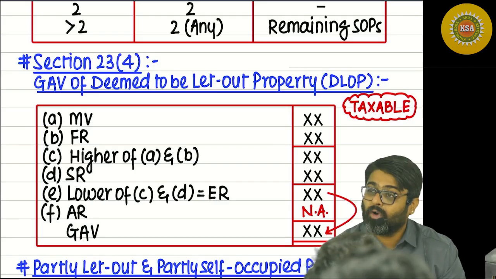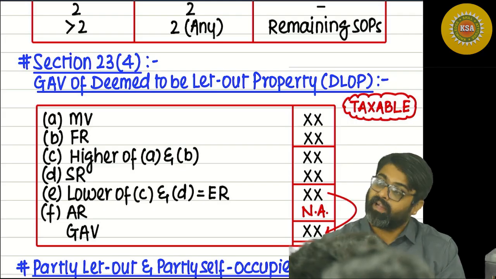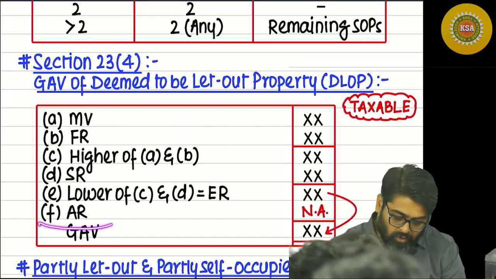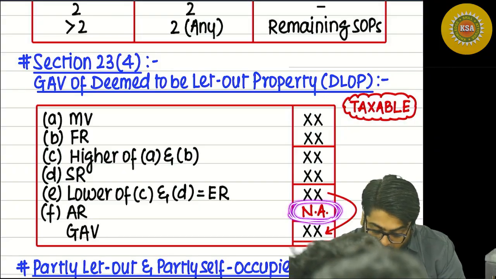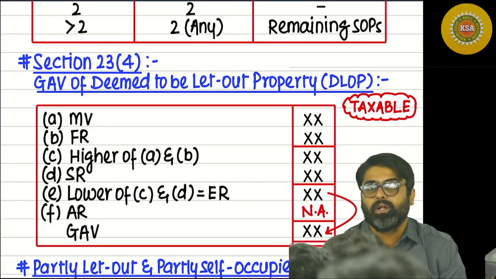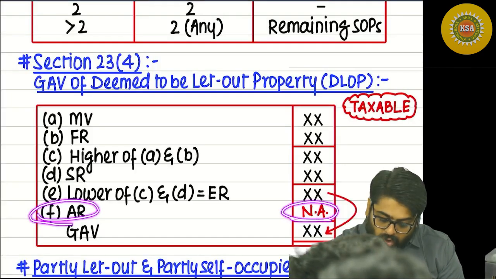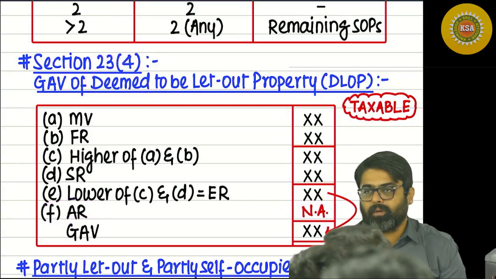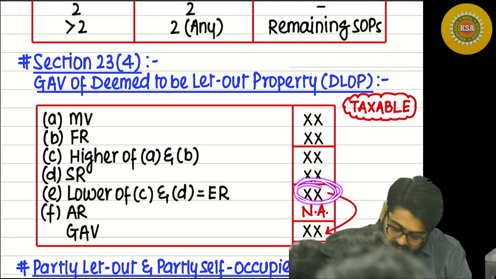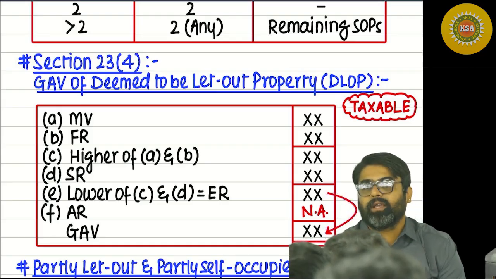Is it your let out property or is it assumed to be let out? By assuming that the property is let out, will you get any actual rent? So there will be no actual rent; it is not applicable. In the case of deemed to be let out properties, whatever expected rent there is, that only will be treated as your GAV.